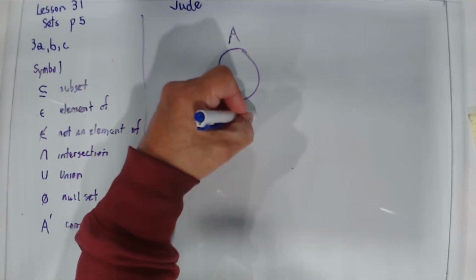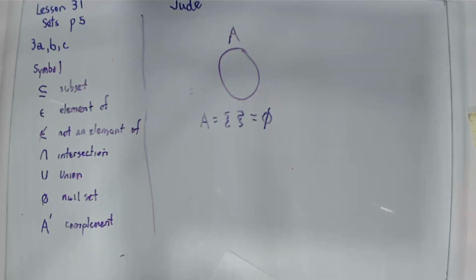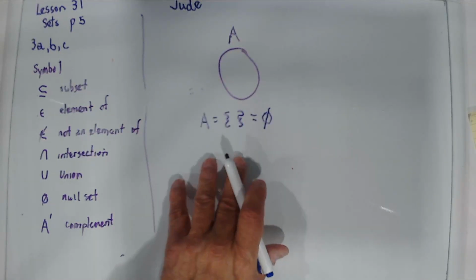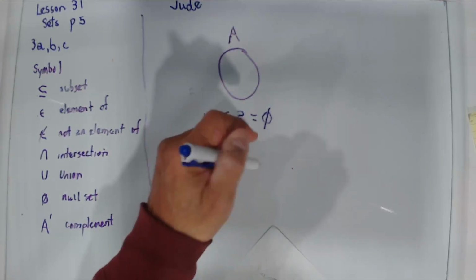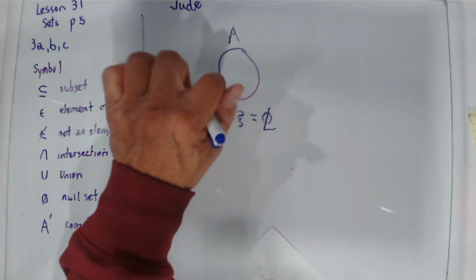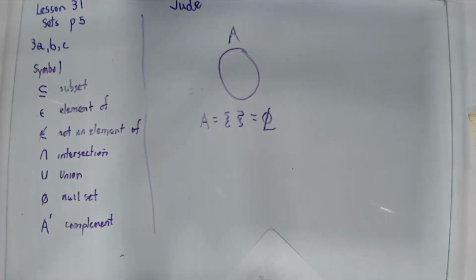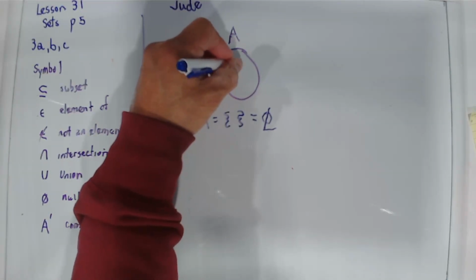So they write that like this. Because you can write it in either way, but this is the way they like to write it. So nothing or null is an element of A. And if you think about it, null is an element of all sets. Because let's say I put in 1 and 2 in here.